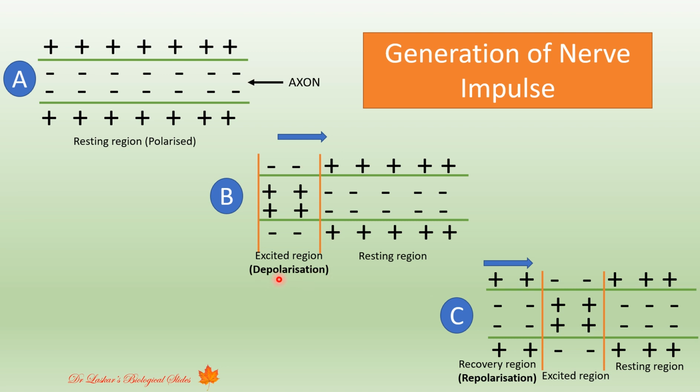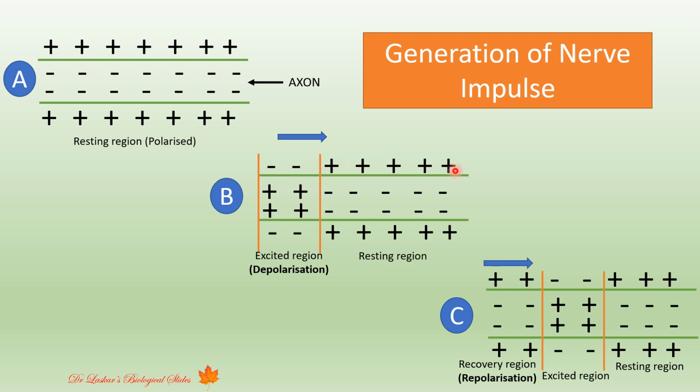The membrane with reverse charge is called depolarized, and the depolarization is momentary. Reversal of electric charge or depolarization of the neural membrane occurs at the point of stimulation.